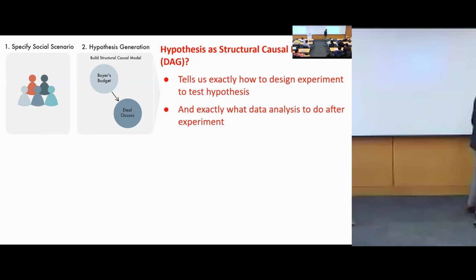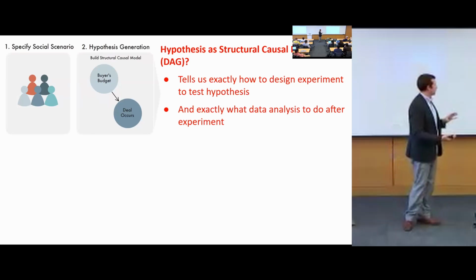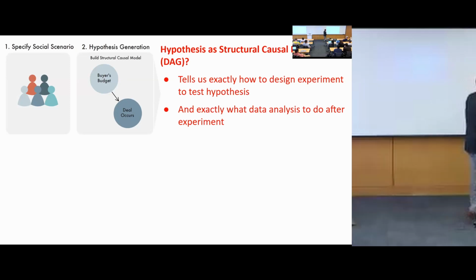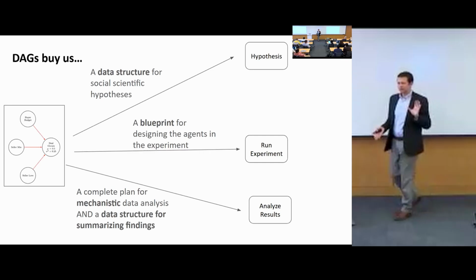Then it tries to draw a structural causal model of that situation. It's trying to say what outcome we care about, and what causes we might care about in that situation. Economists don't really like directed acyclic graphs.